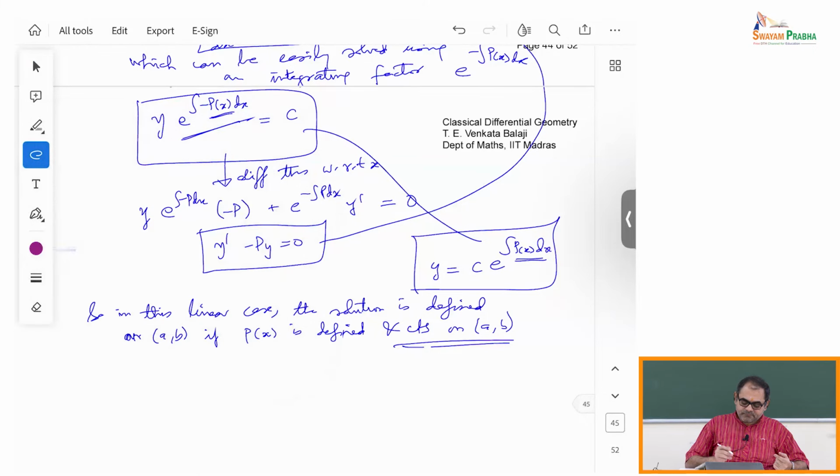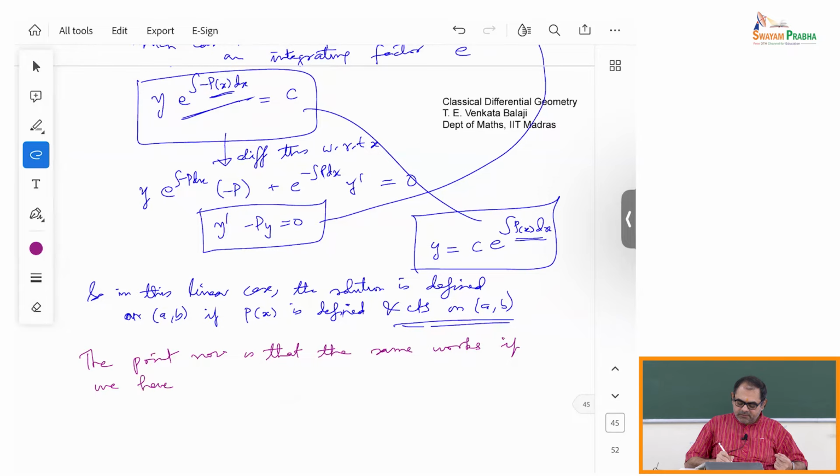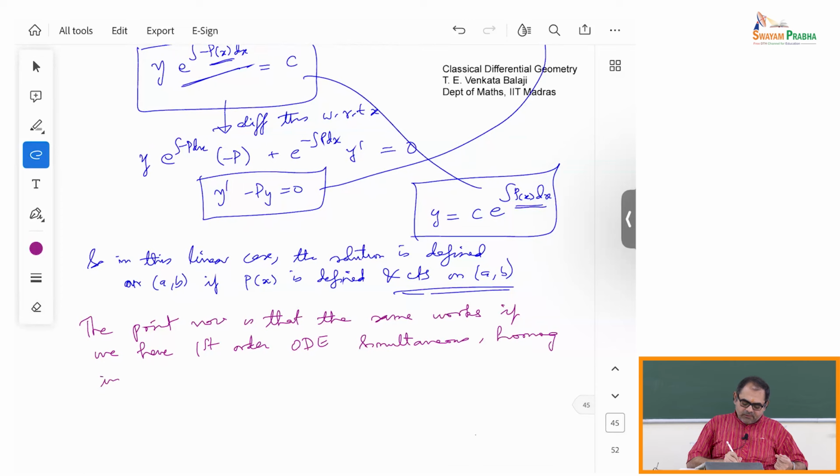The point now is that the same works if we have a first order ordinary differential equation, simultaneous, homogeneous, in one independent variable and several dependent variables.